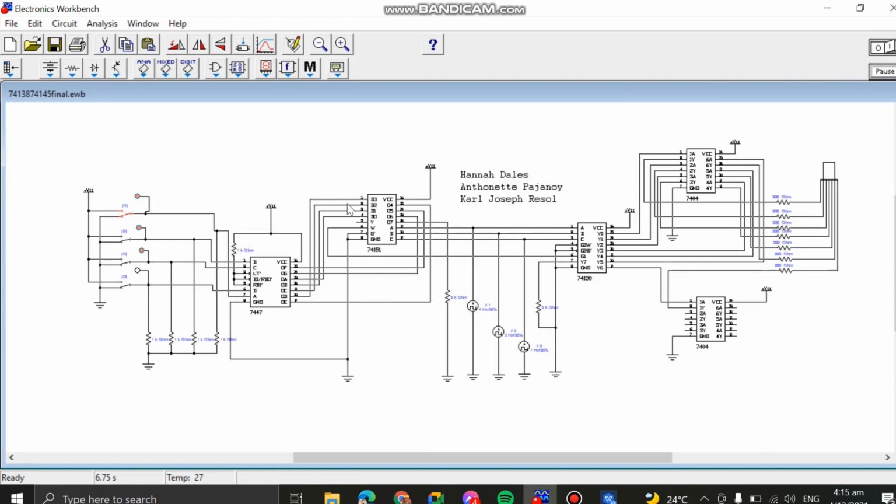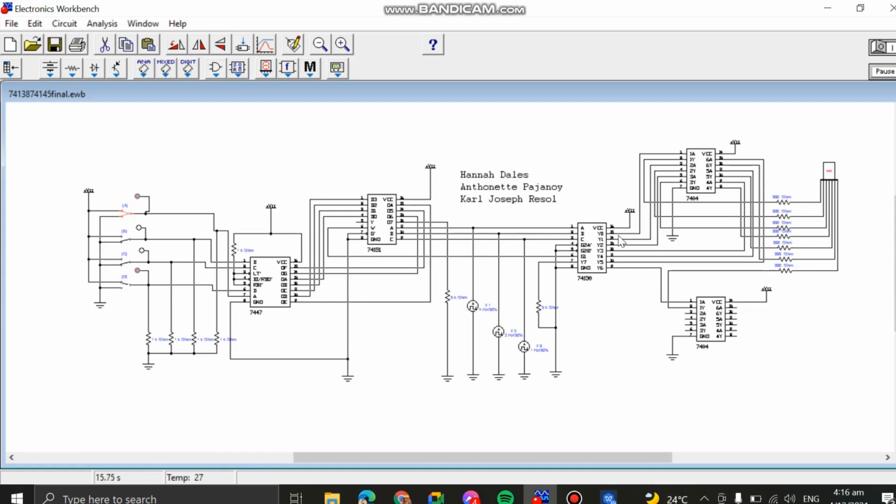For number 8, the high configuration is letter D. This is what is going to show on the simulation, number 8 here, where the active segments of number 8 are A, B, C, D, E, F, G. And for 9, the BCD equivalent input is 1001, where the high configuration is at A and D. This is how it looks, and you see a blinking number 9 on our 7-segment display, where the active segments are A, B, C, D, F, and G.